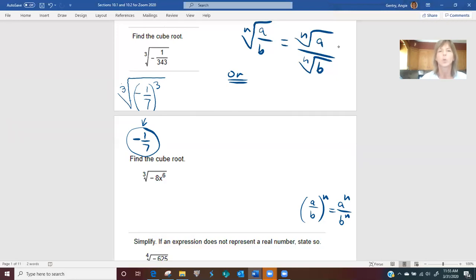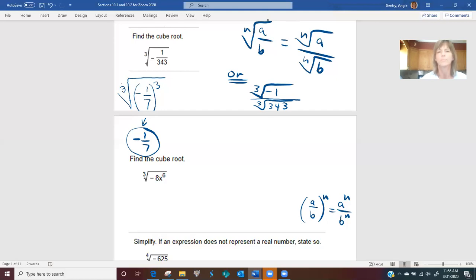So you could also say, I'm going to use this rule up here because I like that better. And then I'm going to split that up and say I have a cube root of -1 over a cube root of 343. Only one of them is negative. You can put it wherever you want, really, but we prefer the numerator. And then, what is the cube root of -1?